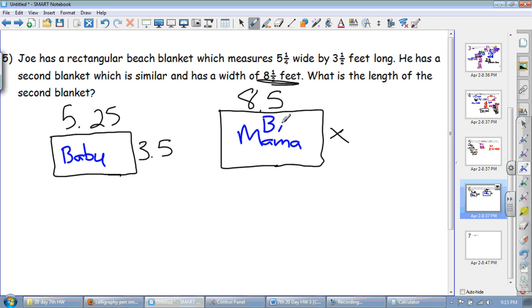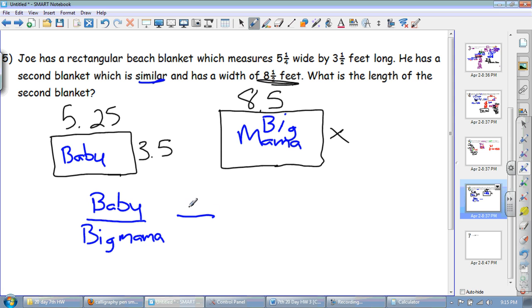Since we are talking about similar shapes, we can make a proportion out of this. We can fill in our numbers. We pick one side from our baby shape. We can say 5.25. We compare that to this corresponding side on our bigger shape.